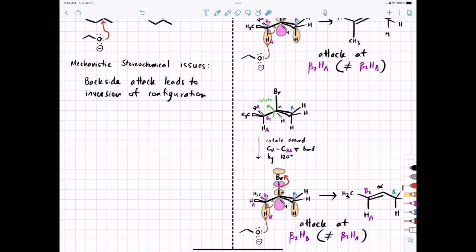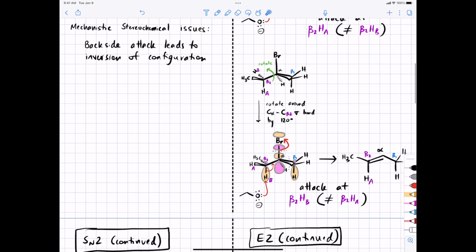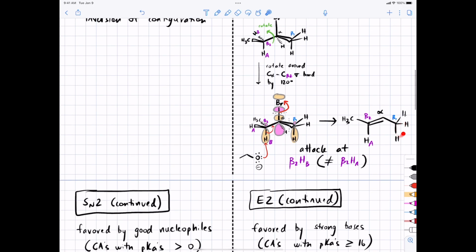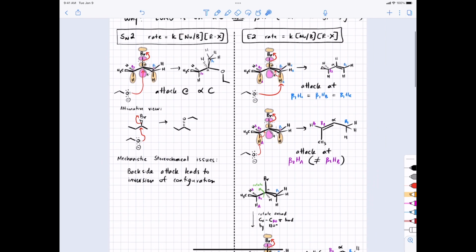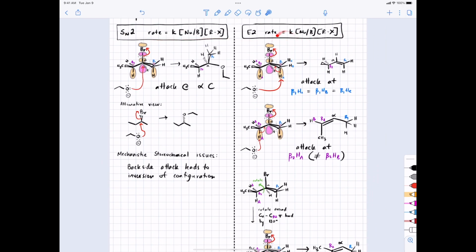They're on opposite sides, and therefore they must be trans to each other in the product that we form. Again, if we attack at beta proton HB, purple HB, that gives us a different diastereomer than if we attack at beta A. So a full consideration of both SN2 and E2 reactions would give you this substitution product, and you would have to get the right stereoisomer.